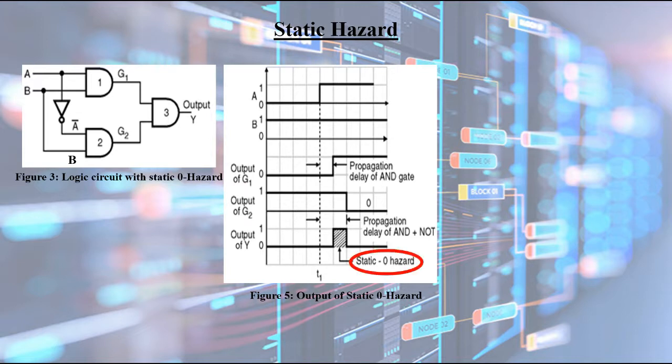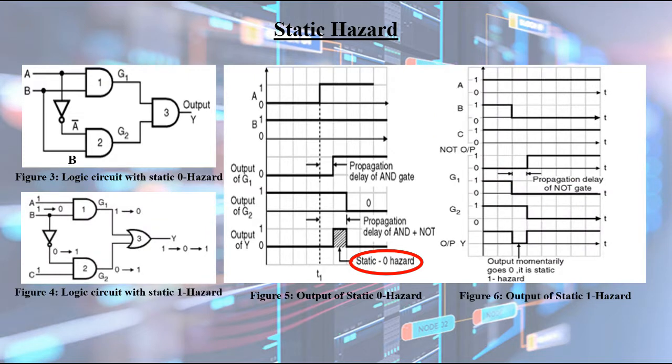Next, figures 4 and 6 show the circuit with static 1 hazard and its output waveform. Initially, inputs A, B, and C are equal to 1.